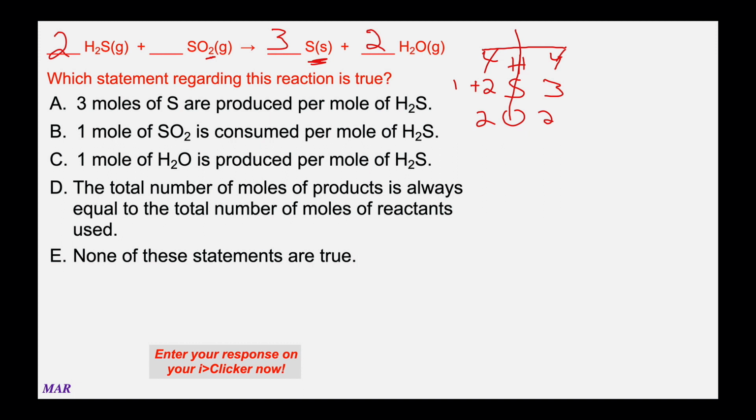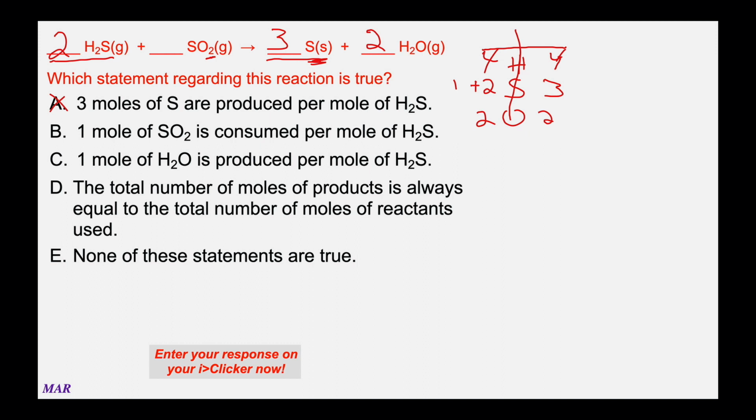So the first one says that 3 moles of sulfur are produced per mole of H2S. Well, I like the 3 part because we have a 3 right there. However, 3 moles per mole of H2S would not be correct. There's a 2 in front of the H2S, so it would be 3 moles of sulfur per 2 moles H2S.